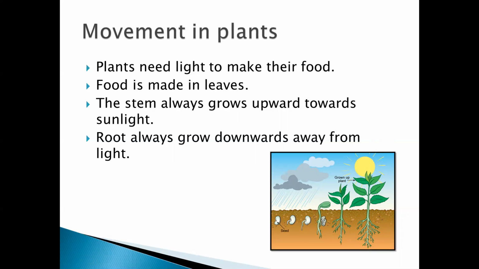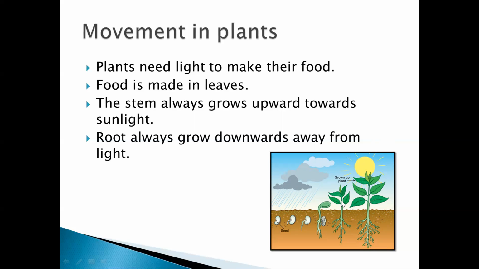Why is it so? It is because the stem carries leaves and flowers on it. Leaves need sunlight, and flowers need to attract insects. That's why the stem always grows upwards.